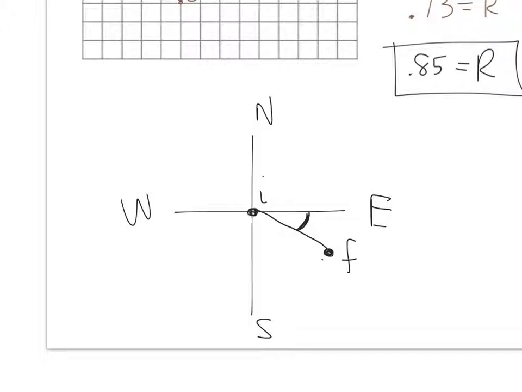We are not doing this angle here. See the angle in blue? The angle in blue is the angle with respect to the vertical. Whenever you're giving directions, it's always with respect to the horizontal. So if I were giving directions here, I would say that this person walked 0.85 miles south of east at an angle of blank, whatever that is.